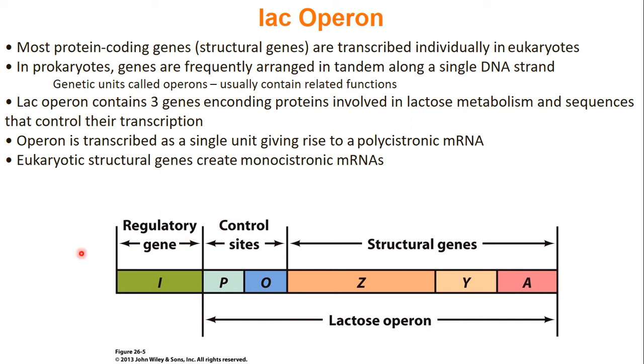Now, the operon, like I said, is a single unit, so you get a long mRNA from this. While in eukaryotes, you don't. There's just one gene. So a prokaryote has polycistronic mRNA, and a eukaryote has monocistronic mRNA.